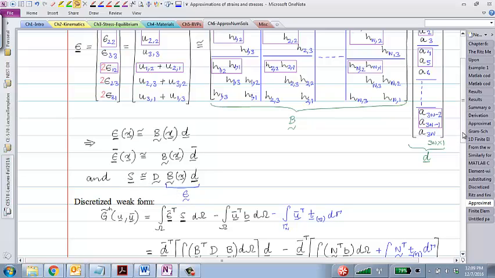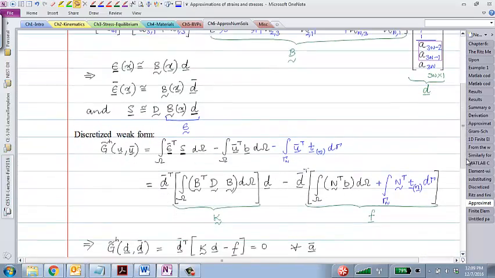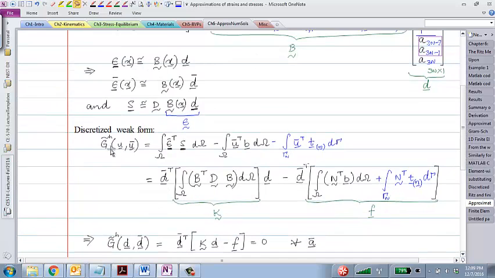And at this point, I am ready to substitute these approximations into my weak form. I get K for 2D and 3D problems as the integral of B transpose D B over the entire domain. Can you tell me what was the corresponding expression for 1D problems? C times H prime transpose, right?